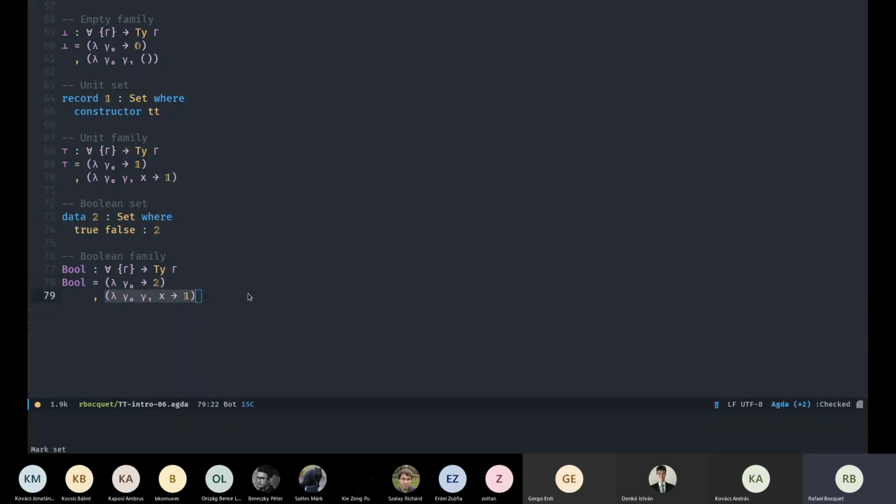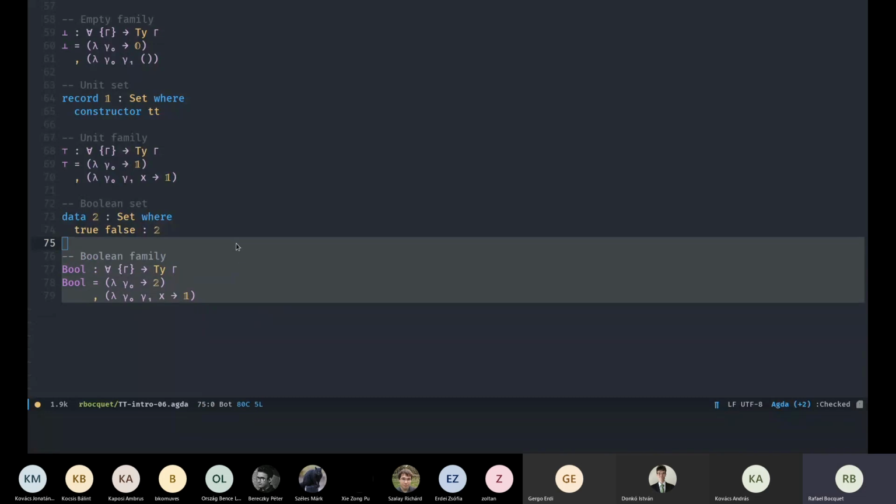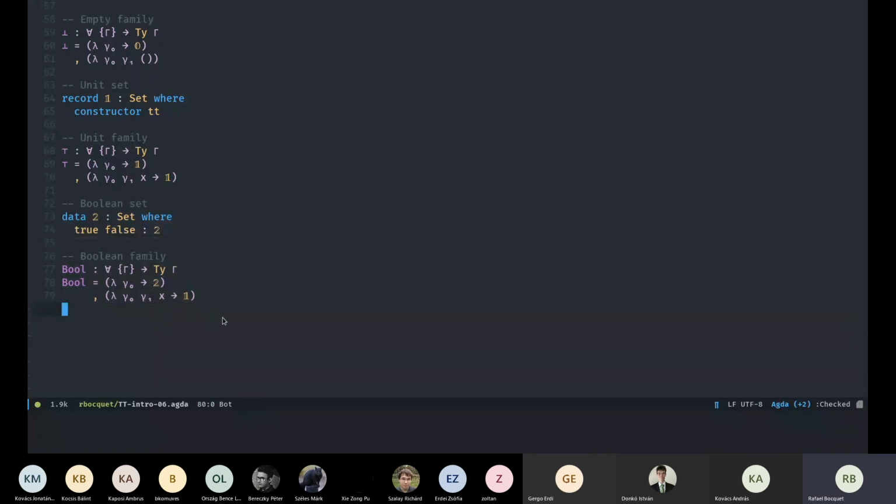In the family, the information of the choice between true and false is already made in X. So we don't need to add more information in the family, and we can check that this satisfies the induction principle of Booleans.